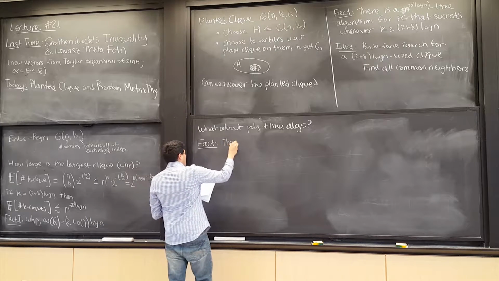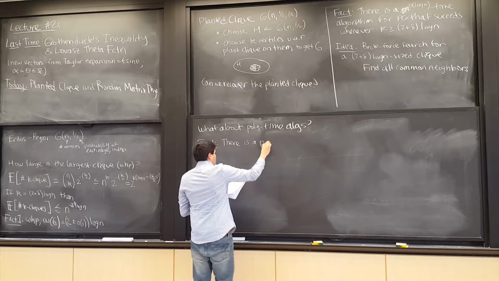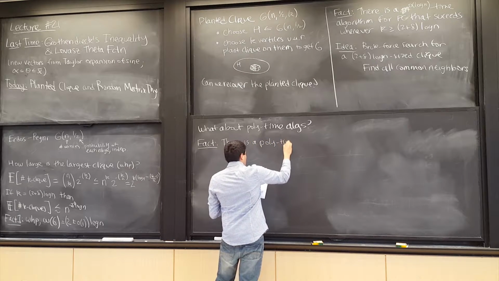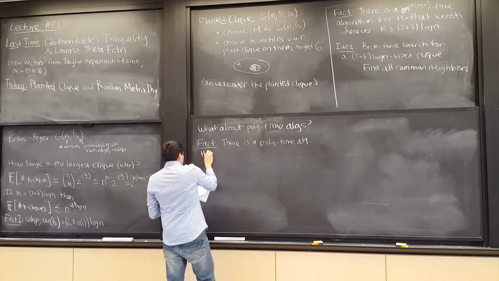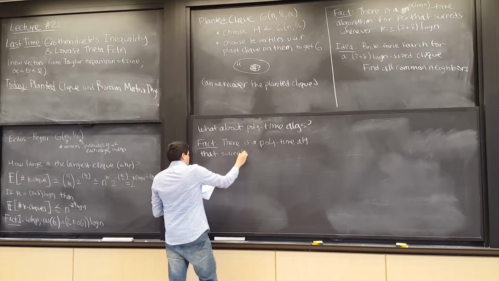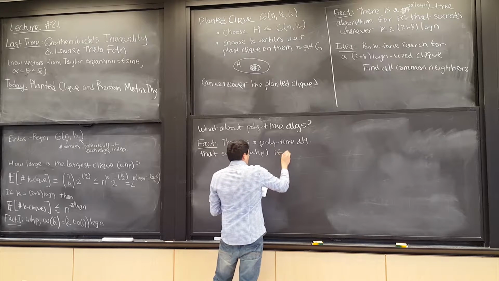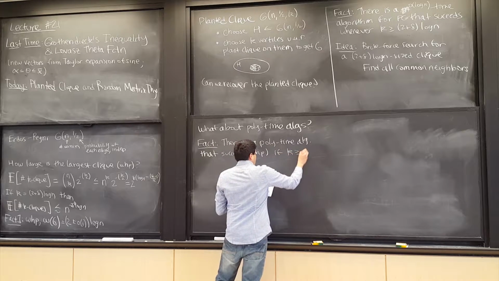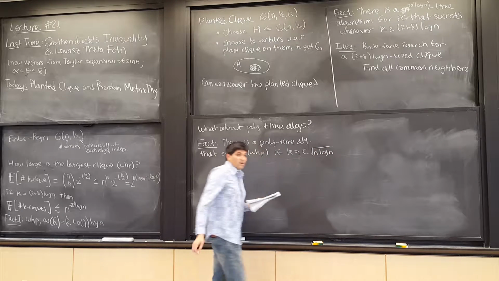I claim there actually is a very simple polytime algorithm that again succeeds. Everything we talk about will only succeed with high probability. But it works as soon as k is at least some large constant times root n log n.